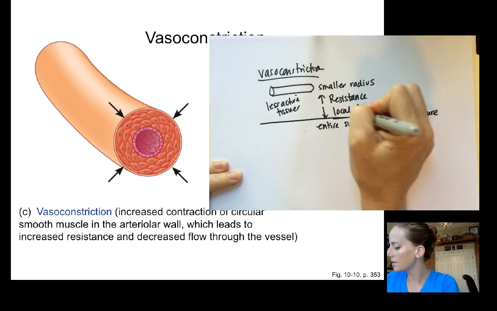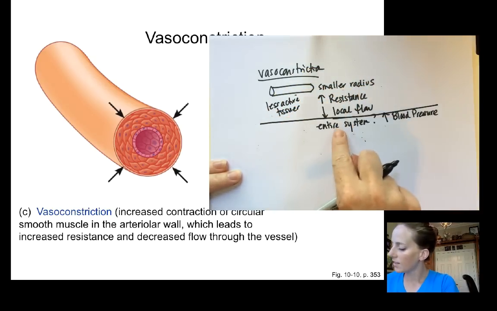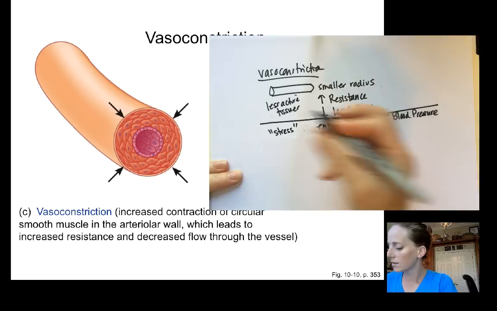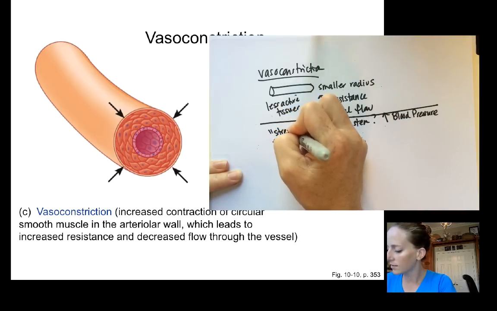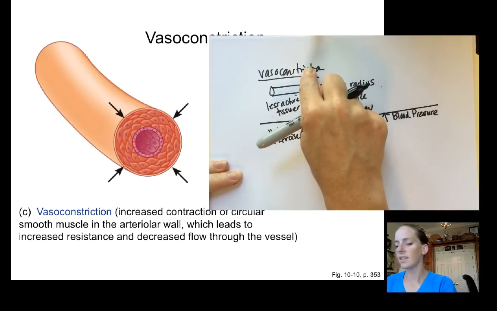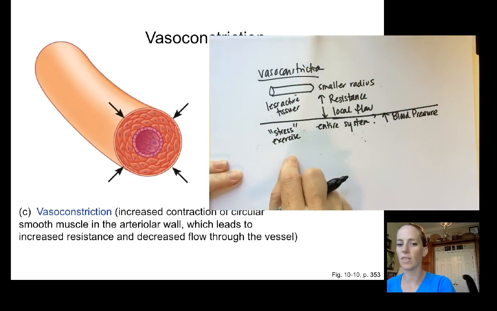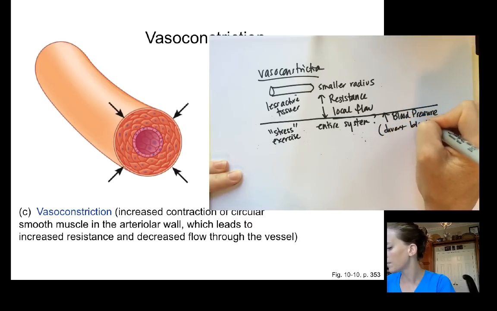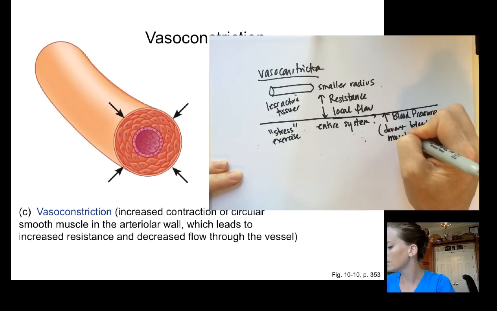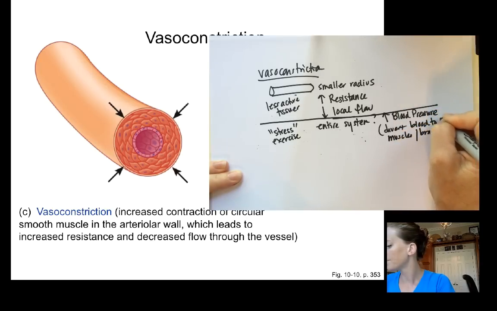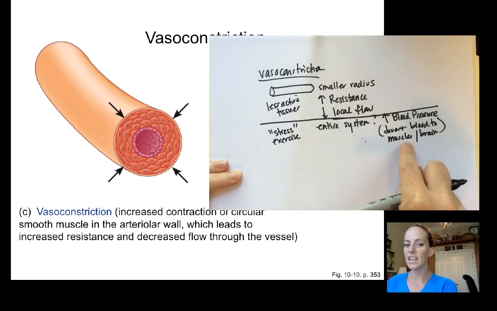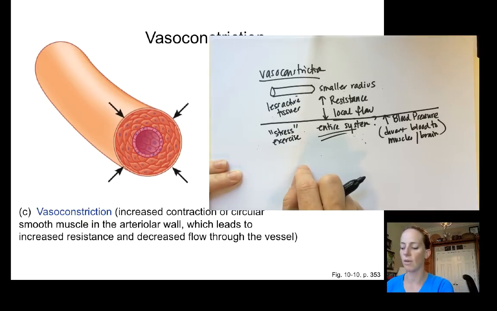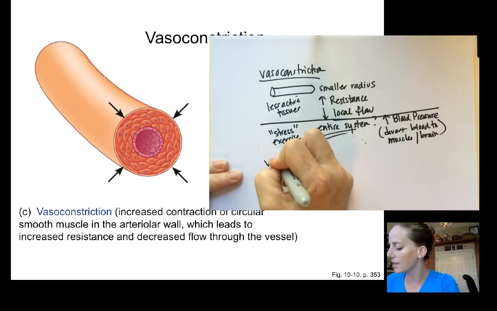That is totally different than the entire system during stress and exercise, where the whole system vasoconstricts to increase blood pressure in the whole system. And that's because you divert blood to the muscles and the brain. Okay, so we're saving the blood flow to where it really needs it, and that overall increases the blood pressure in the whole system.